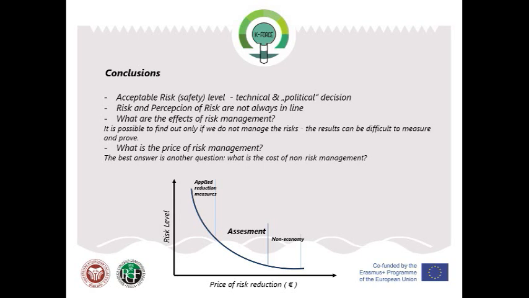The effects of proper risk management are difficult to assess. The most reliable way to determine the effects would be to not manage the risk. In this way, we will return to passive control, that is, learning from errors, which is not acceptable in today's world.